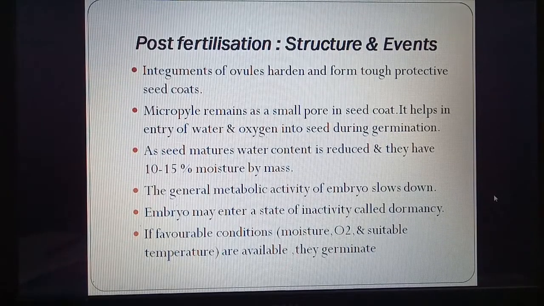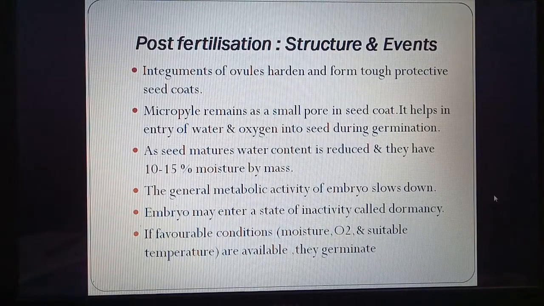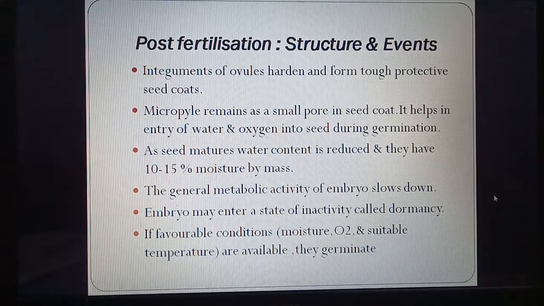So the reactions slow down and the embryo enters an inactive stage, which is called dormancy. Now if favorable conditions are available like moisture, oxygen and suitable temperature, they germinate. So the seeds only germinate when favorable conditions are available. This property is used by human beings to store grains.